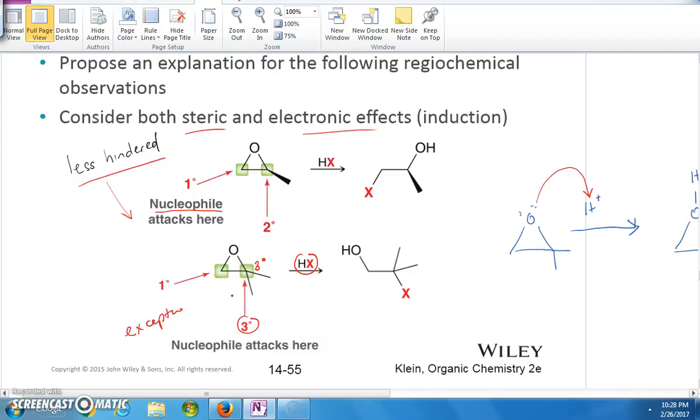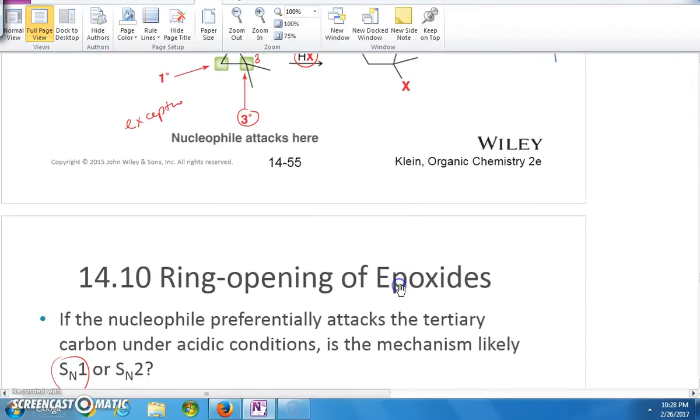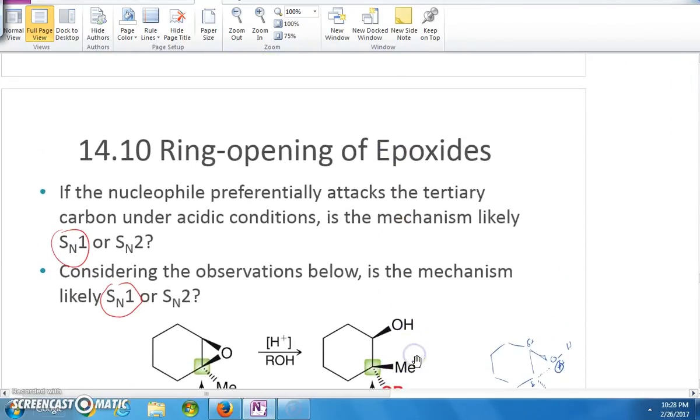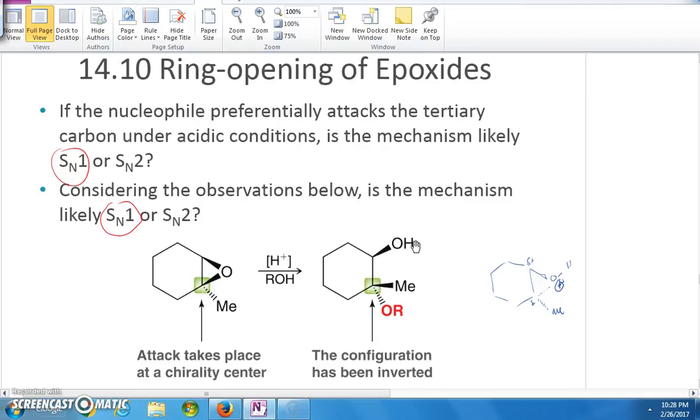The reason is that the tertiary carbon has an electron releasing effect, so any positive dipole that develops is stabilized by the electron donating effect of the alkyl groups. Now that's beginning to sound like an SN1, because if the nucleophile preferentially attacks the tertiary carbon under acidic conditions, that cannot be SN2. It's going to be SN1.